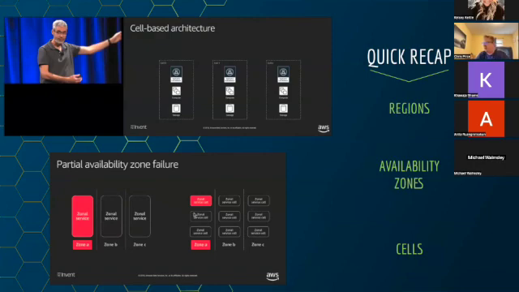So in this diagram that he shows here, he's showing an example of a cellular architecture where there are multiple cells deployed inside of each availability zone, and the red squares are intended to highlight a failure. And what he's really talking about here is that a lot of times when you have an outage in your service or your application, the cause of the outage has something to do with some customer's traffic that's coming into you.